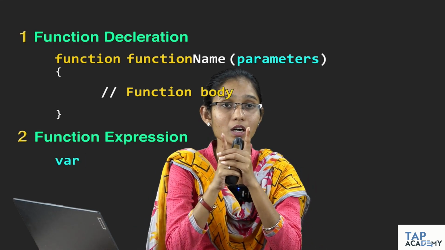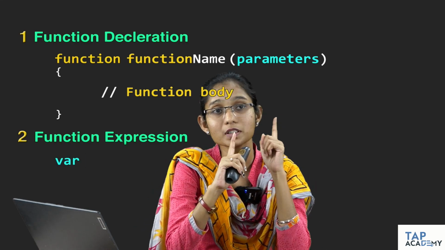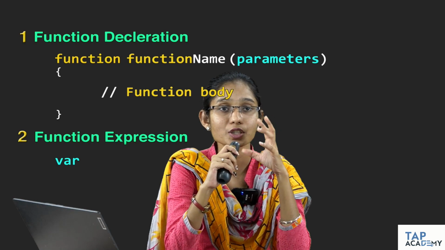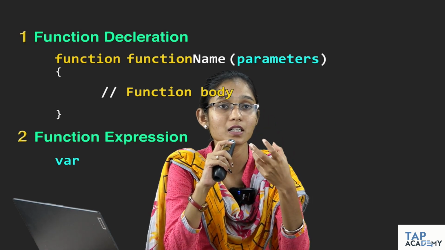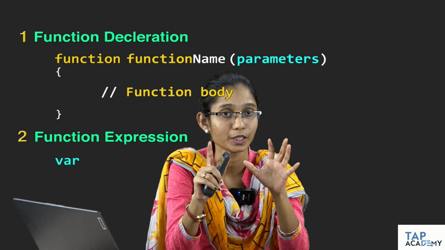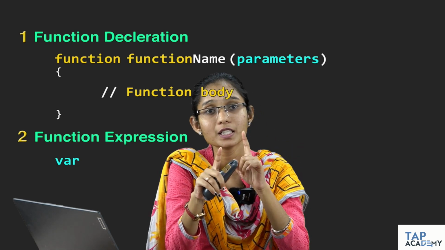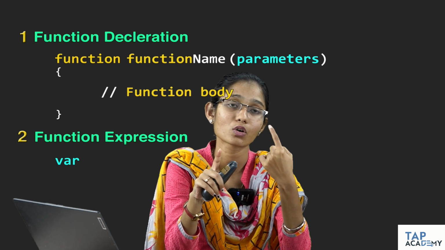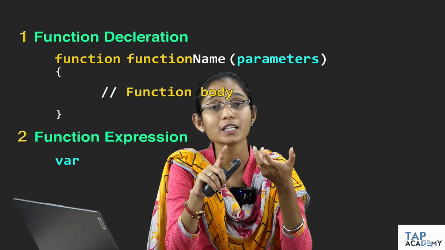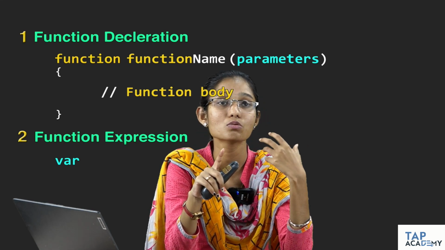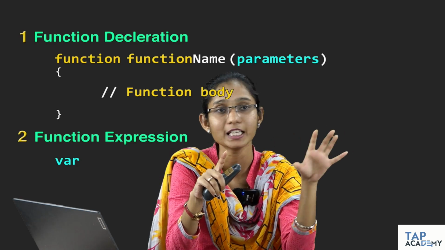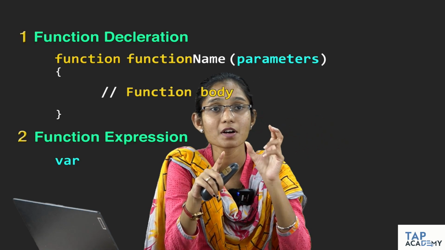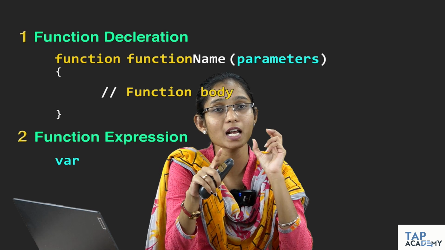Whatever the function name is, we will consider it as one variable name only. That is why we have to use a keyword. Either you can use var, let, or const, anything, but making use of var lets us access that particular thing anywhere. So that is why we are giving var here.